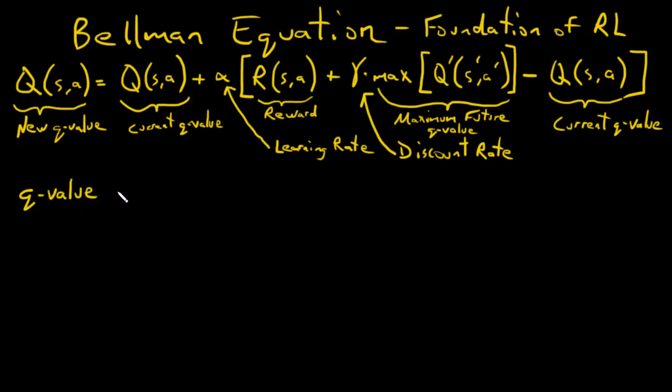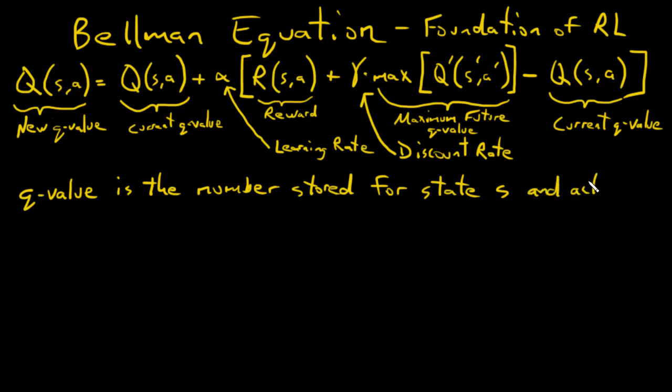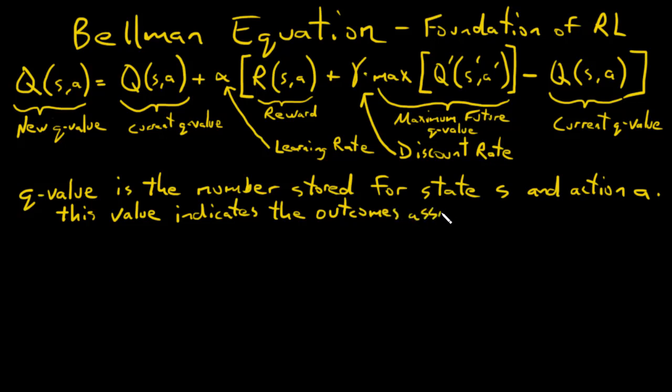The Q value is the number stored for state S and action A, and this value indicates the outcomes associated with action A. A high positive Q value means if I take that action, I'm going to get a reward.